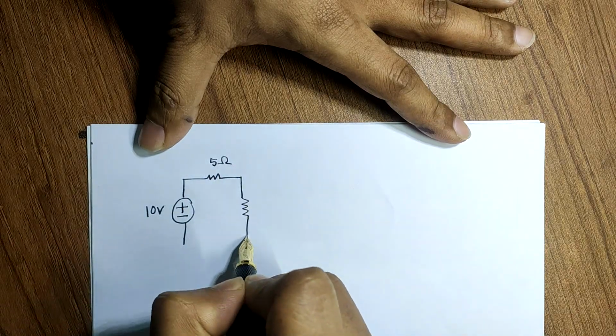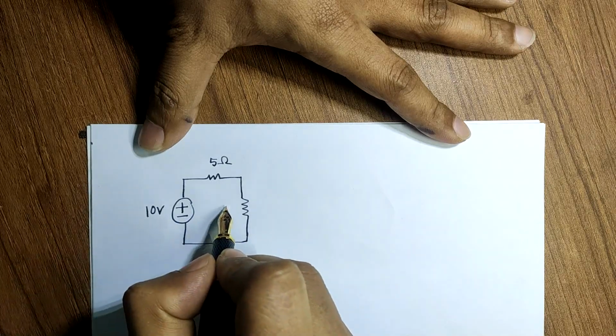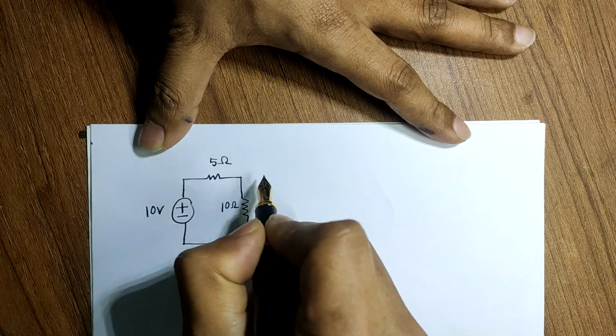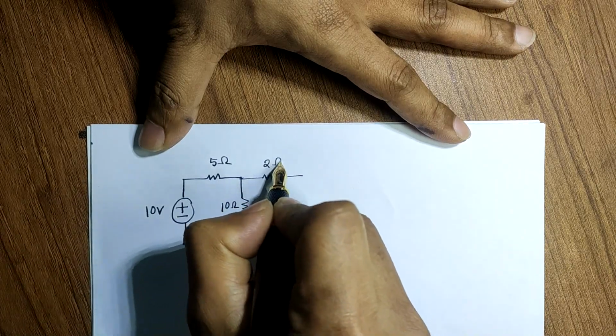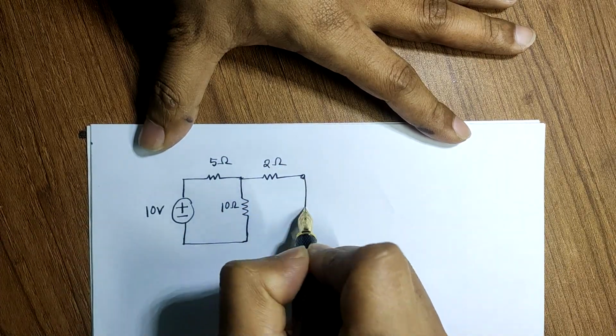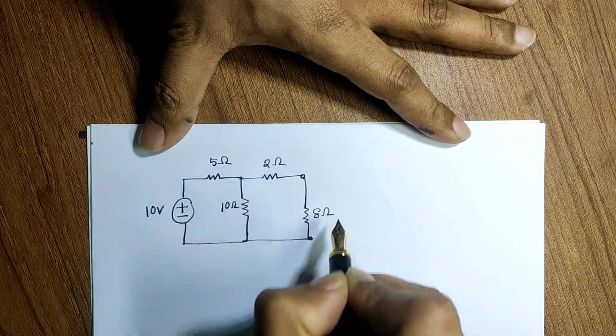Let's consider that there is another resistance which is, say, 10 ohm, and there are two more resistances. One is 2 ohm, and let's say there is another one which is 8 ohm.